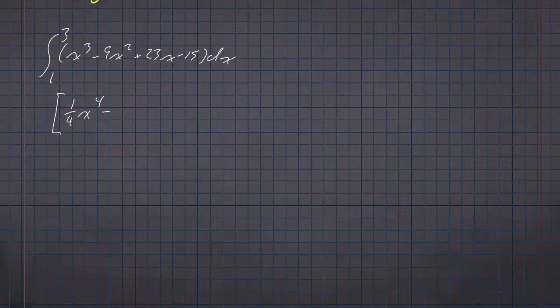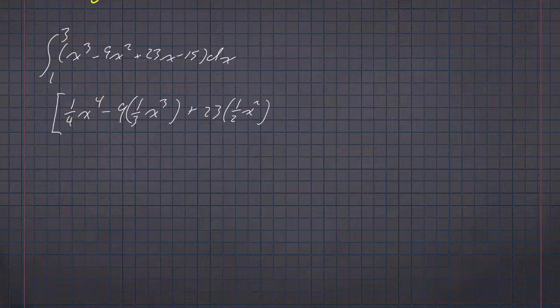The antiderivative of x squared is 1/3 x cubed. The antiderivative of x is 1/2 x squared. And integrating a constant gives you a factor of x. If we needed the indefinite integral, we would put a plus c here, but we're doing a definite integral, so we don't need to bother.